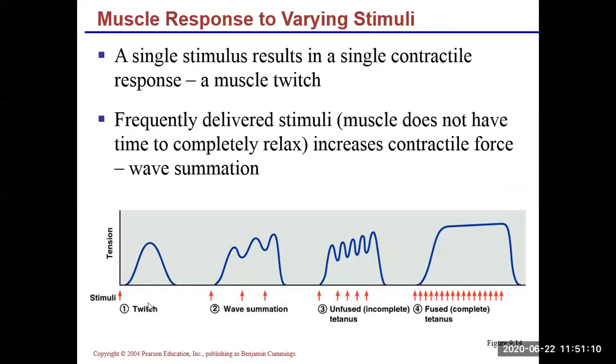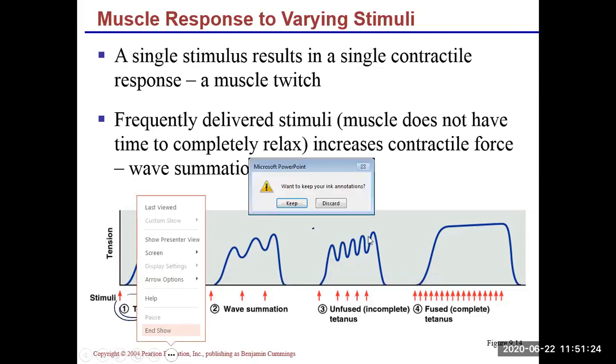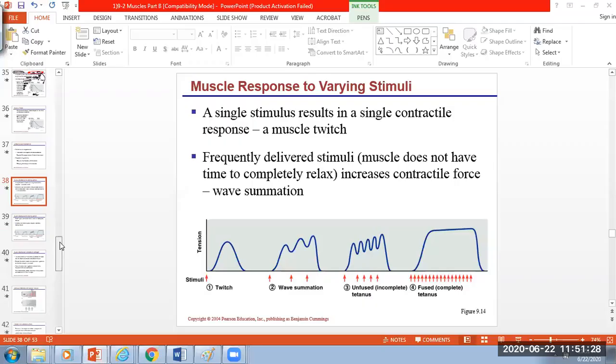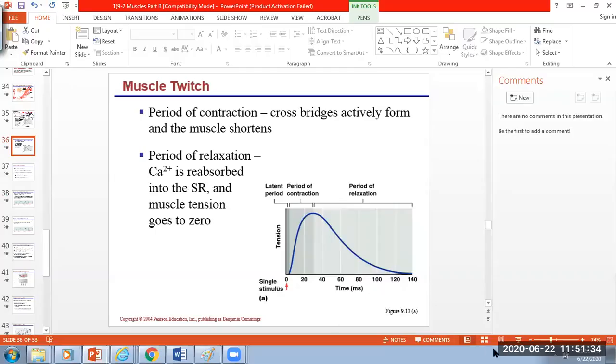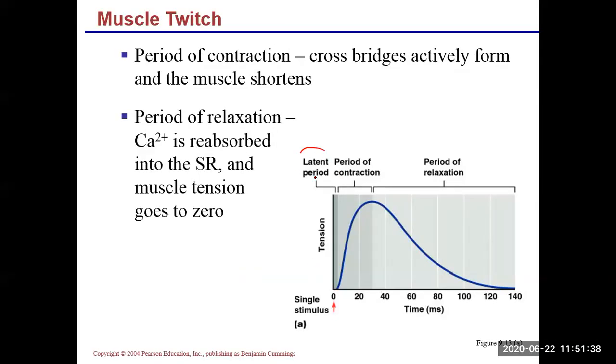Right now we are concentrating on muscular twitch. Here is a good example of the muscular twitch. The very first part, all right, is called a latent period.